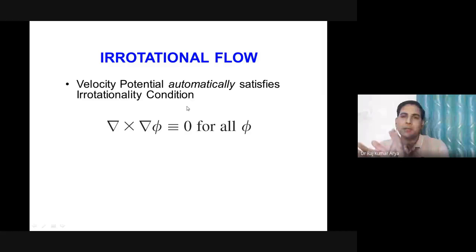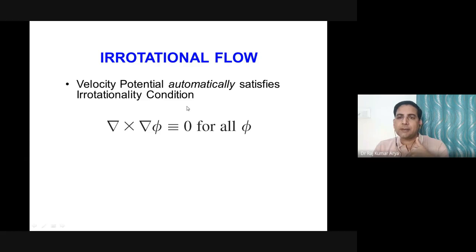Correct or not? In angular velocity, we calculated del cross V. If del cross V is not equal to 0, it means it is rotational flow. Now, if we want to make it irrotational flow, your del cross V must be equal to 0.